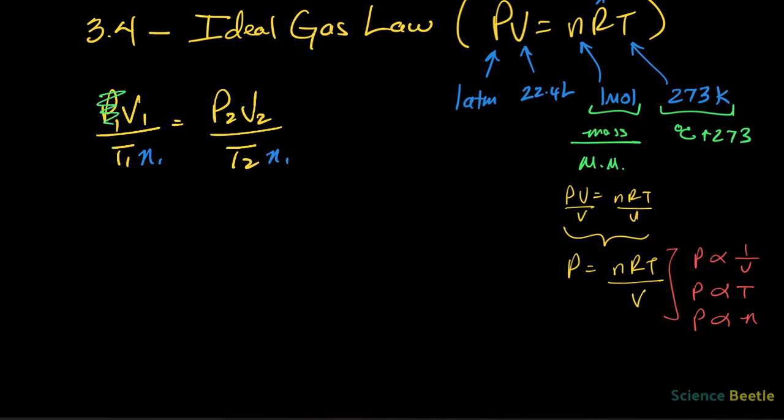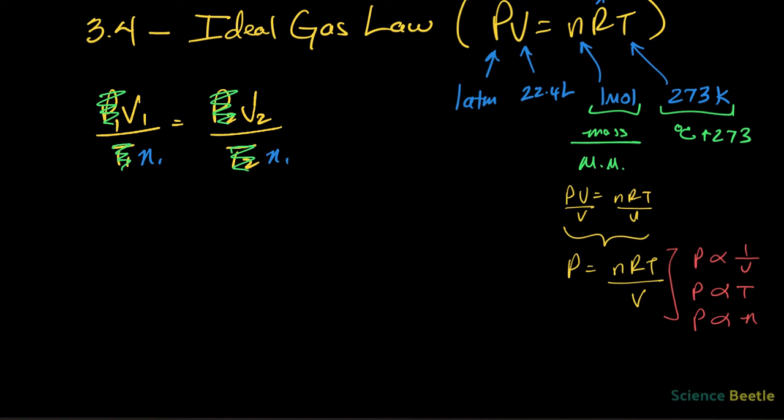Those variables would be erased from the mix, and we would wind up getting V1 over N1 equals V2 over N2, which is essentially Avogadro's. The main thing you want to be able to do is remember which of these variables are going to be kept constant. So make sure you read the stem of the question and see if you can determine that.